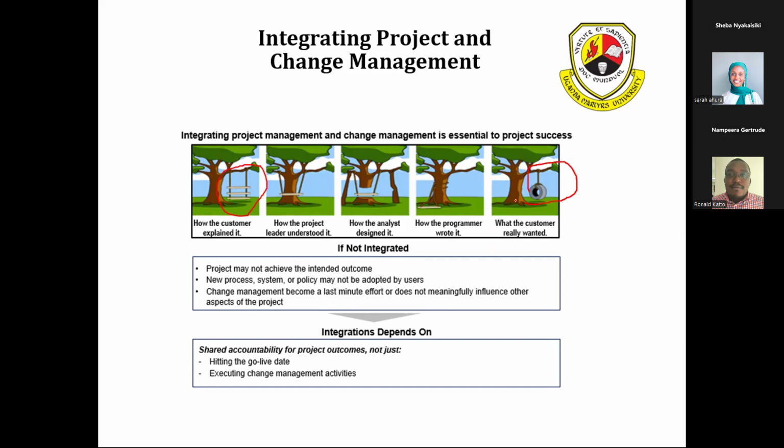customer wanted. Now this communication is then maybe given to another party, the lead of the project. And this is what the lead project person perceives. In design, this is what they perceive. The programmer gets this, yet this is really what the customer wanted.